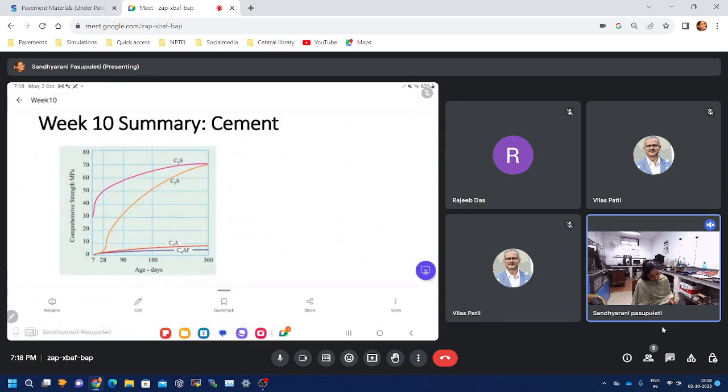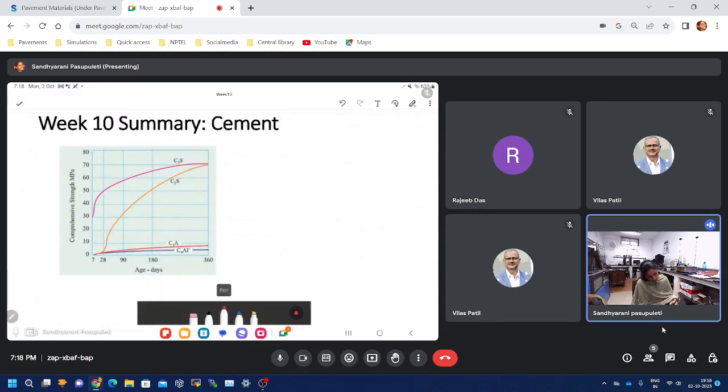If you look at the graph here, as I told, this is the C3S graph. Initially, let us say at 7 days, there is a compressive strength of 30 megapascals. As the time increases, you can see that tricalcium silicate helps in forming the CSH gels.